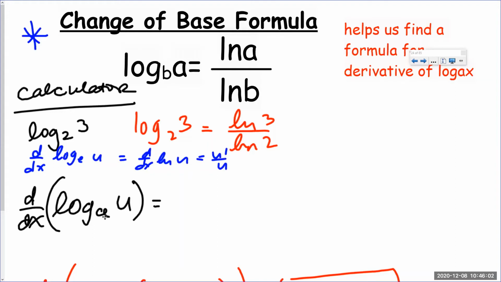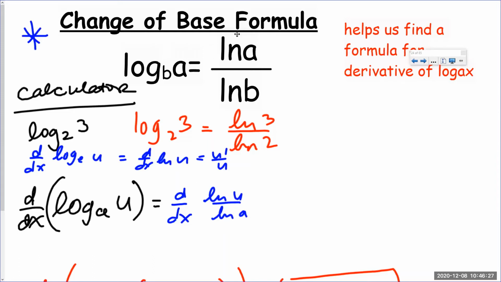And A meaning it could be any number, maybe not just e, okay? And it turns out that if this change of base formula is true, then this is the derivative of log u over log A, right? All I'm doing is saying log base 2 of 3 is log 3 over log 2. So that means log base A of u is log u over log A. Does that make sense?